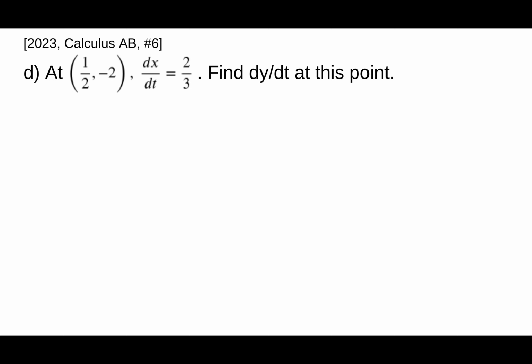All right, remember, implicit differentiation and related rates questions are, at their core, questions about the chain rule. An implicitly defined function is an application of the chain rule when you differentiate it. So by the chain rule, we know that dy/dt is going to equal dy/dx times dx/dt. Well, we were told that dx/dt is 2/3.